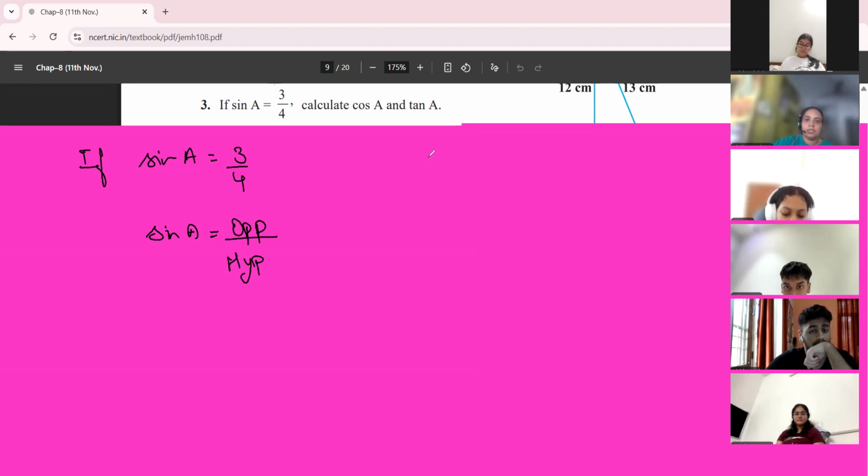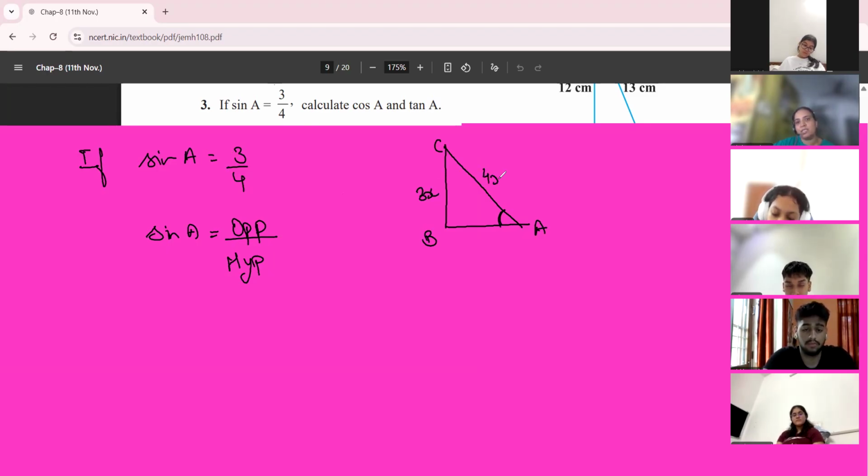That means if I draw a triangle and I write A here, this is B and this is C. So sine A gives 3 by 4, which means the ratio of opposite and hypotenuse side is given to us. That means opposite I can take as 3x and hypotenuse I can take as 4x.